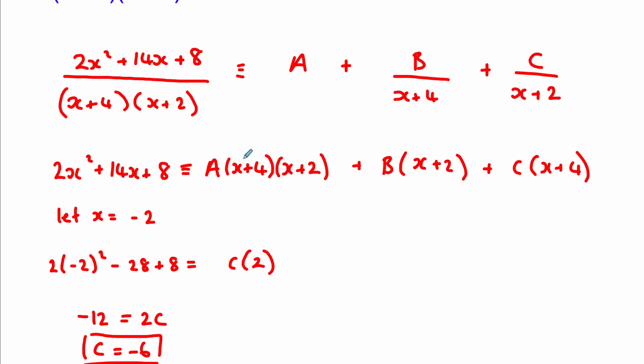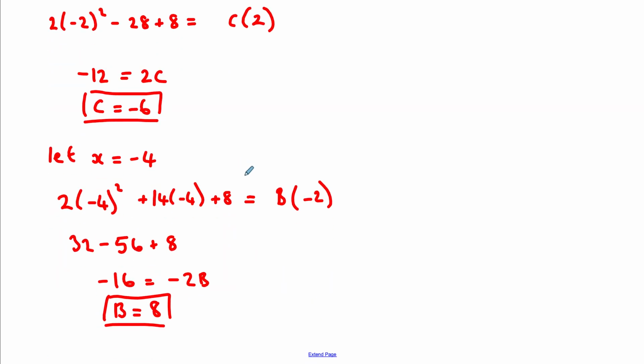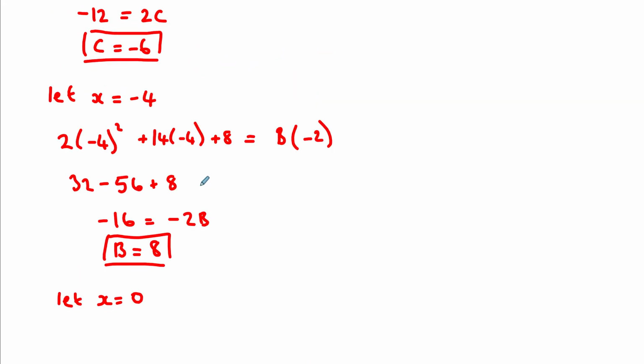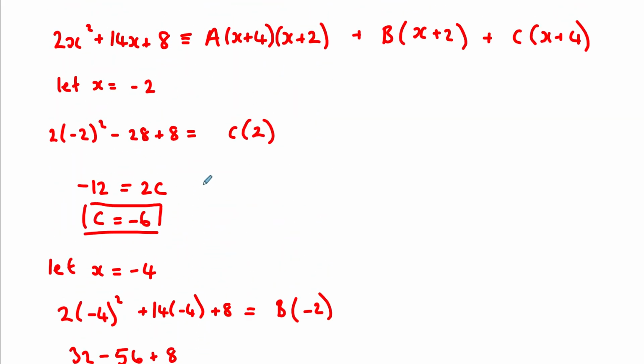We only don't know a. So if I say let x equal something nice and easy, let's let x equal 0. I could have chosen 1 or -1 or 2, just something you've not chosen already. Then we can work out what a is because we know b and c.